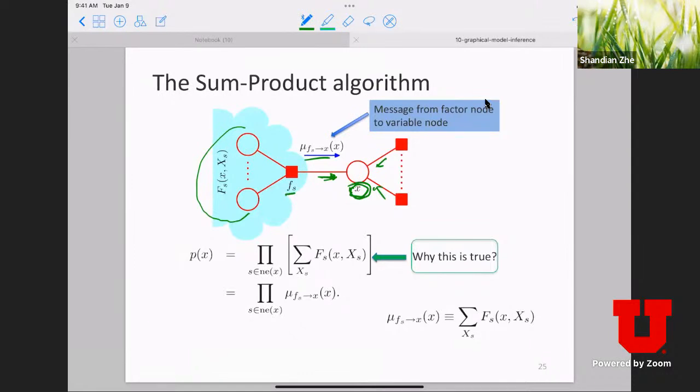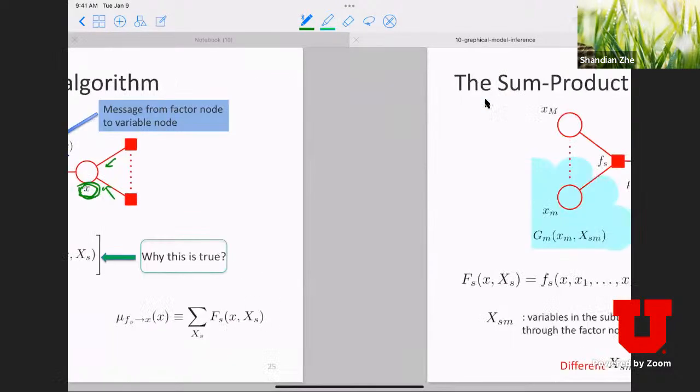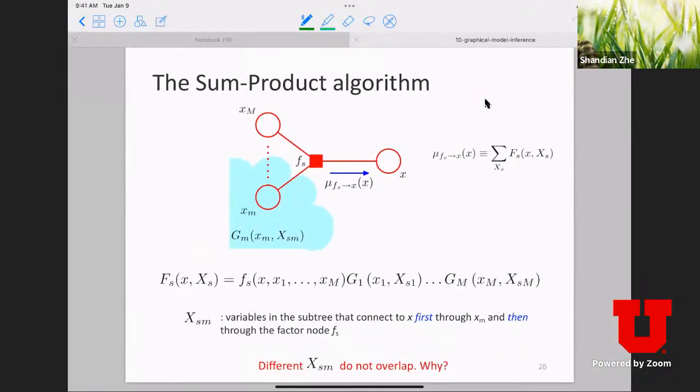If we can find an efficient way to do that, we can solve this problem. So let us look at a particular factor, f of s, which is a neighboring factor to x. We want to compute the message sent from f of s to x.